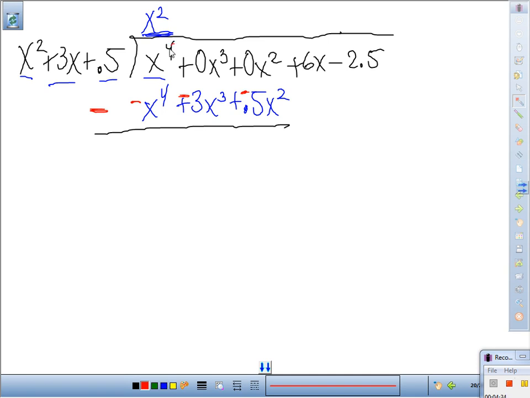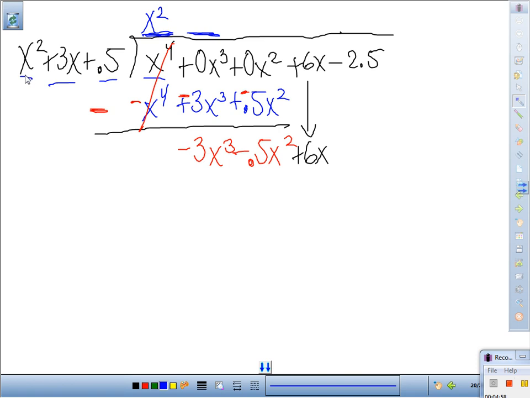So what does that mean? These cancel. We're left with negative 3x cubed and negative 0.5x squared. My next step, bring the next term down, plus 6x. And I start all over again.